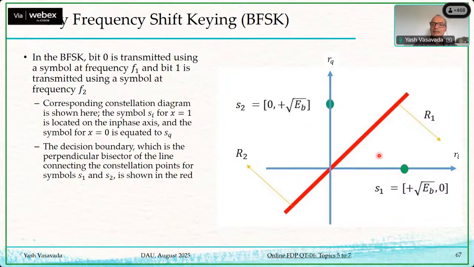Assuming they are equally likely and assuming that the noise is Gaussian, then again, the same observation applies. The decision region becomes the perpendicular bisector of the line connecting these 2 points, which is the one shown in red. And anytime you are in this region R2, you decide S2 was transmitted, otherwise you decide that S1 is transmitted.